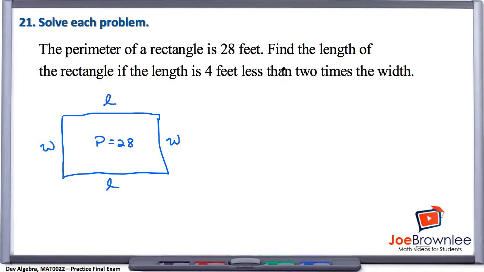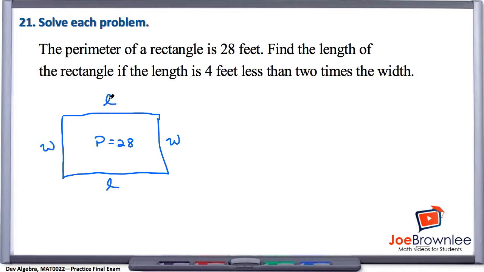So notice that this equation is defining all of the sides in terms of the width. All right, let me say that again. All of the sides are defined in terms of the width. What does that mean? Well, it means that, yes, we're talking about the length. We're saying that the length is 4 feet less than 2 times the width.